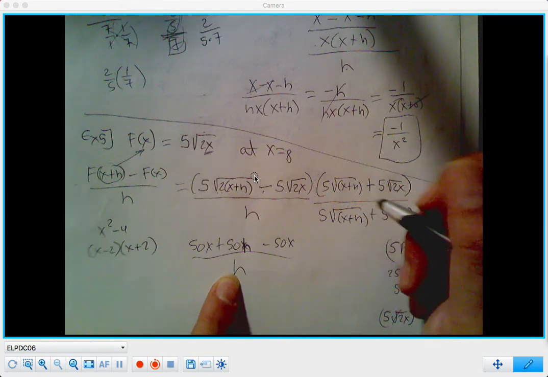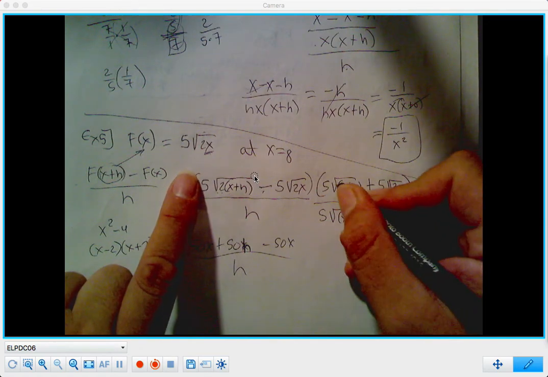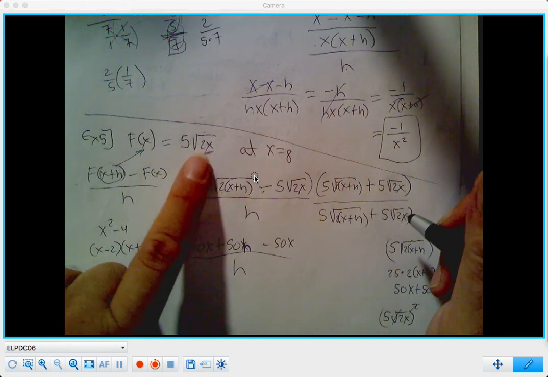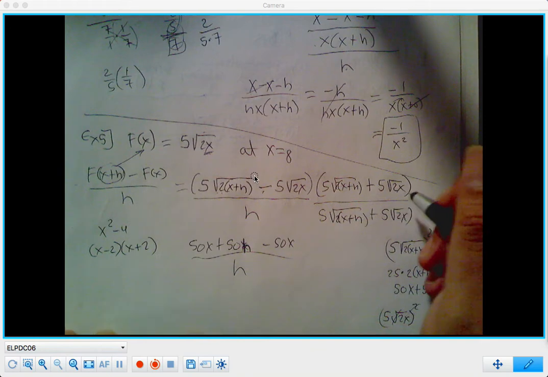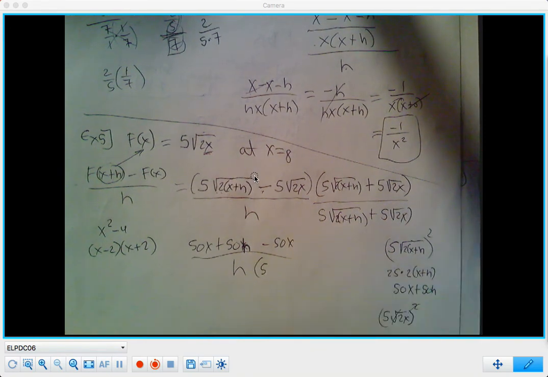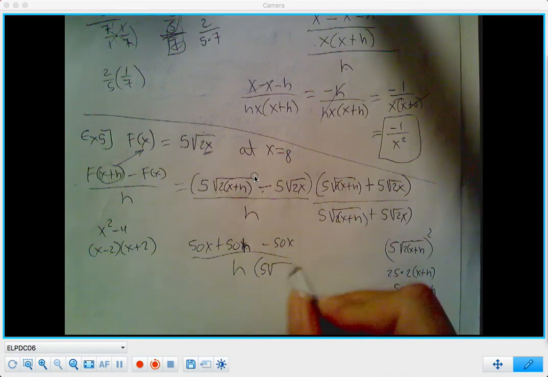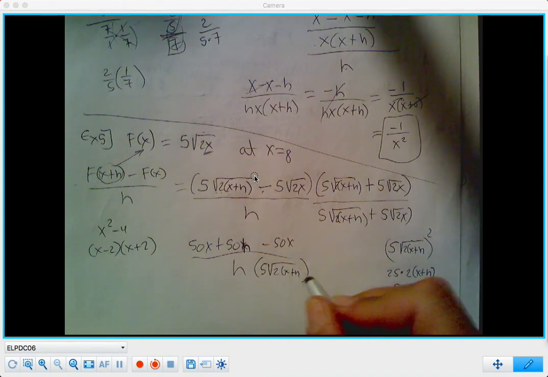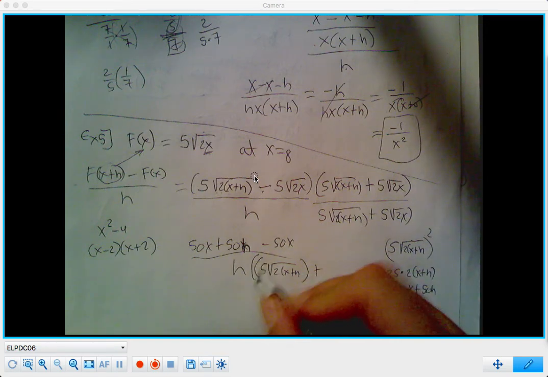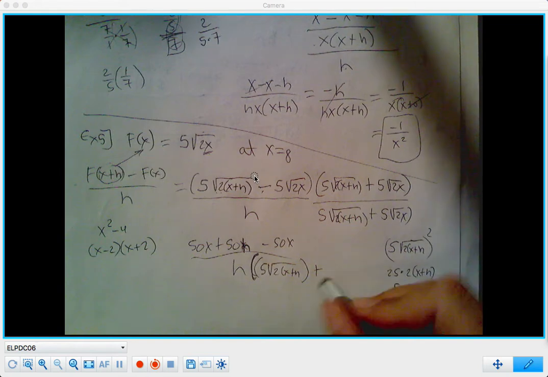I forgot a 2 here. There's a 2 here, and there's a 2 here. Right? Okay, well, let's see what happens. I don't know if it's gonna work, but it's okay. That's how you learn. So this is 2 times x plus h, and then plus, put a parenthesis here, plus 5, and then square root of 2x.